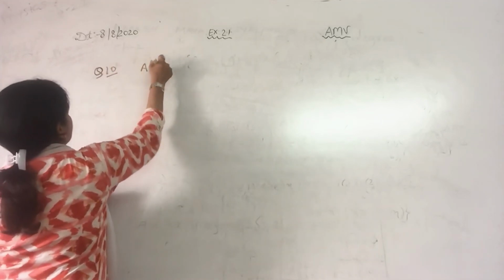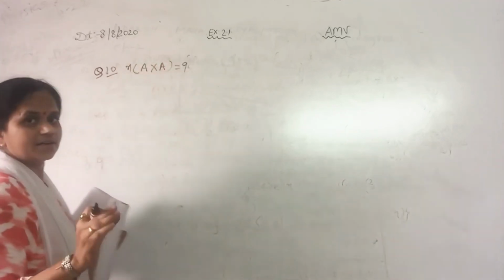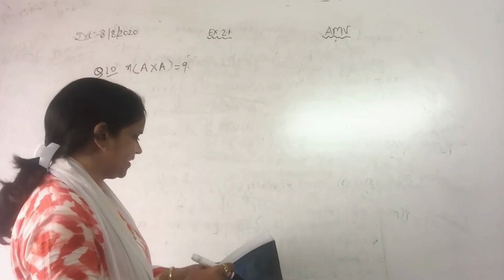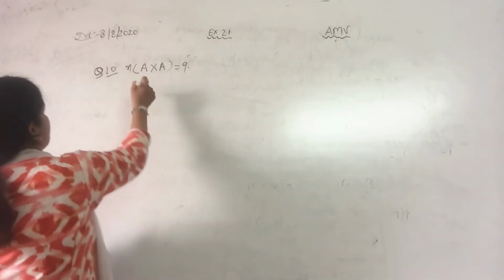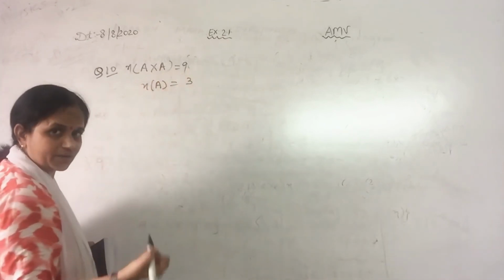Here, the number of elements is given as 9. Okay, and we have to find set A. Now, the number of elements of set A would be 3 only.